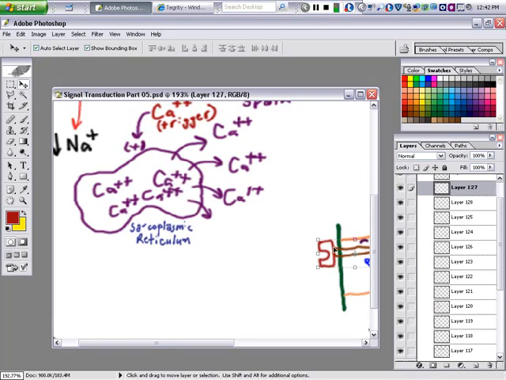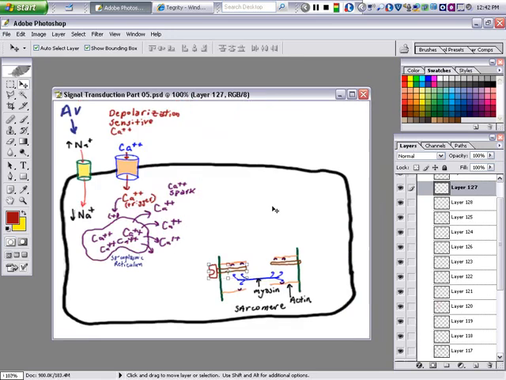Then there are pumps here that pump the calcium back inside. Then the protein goes back and covers up the actin binding site. So that has to happen very quickly. And that's how you get contraction of your heart cells. Kind of makes sense.